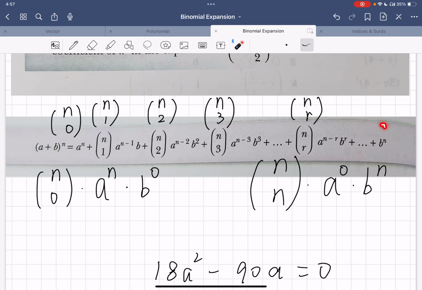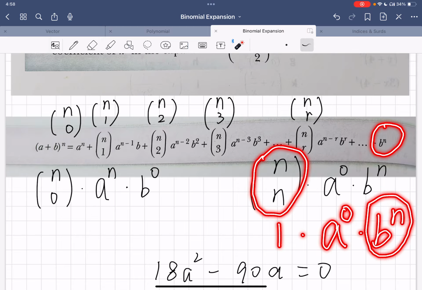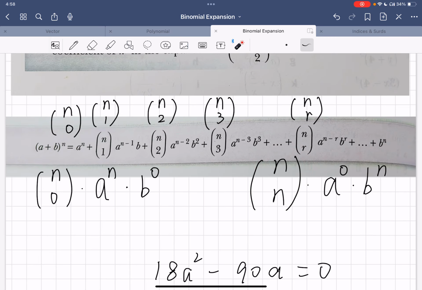The reason why the conclusion only writes b to the power n here is because nCn equals 1, a to the power 0 also equals 1, so it only gives us b to the power n as a result. So that's the reason why.